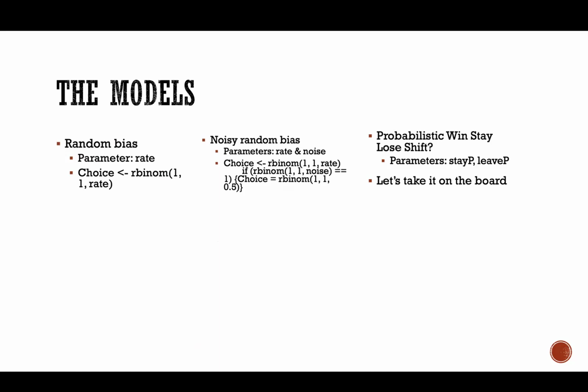And the feedback that you get from your choice. And the formula inside is going to have two parameters. So how do we connect the previous choice and the feedback to a probability of staying when winning and a probability of leaving when losing in a mathematical formulation?